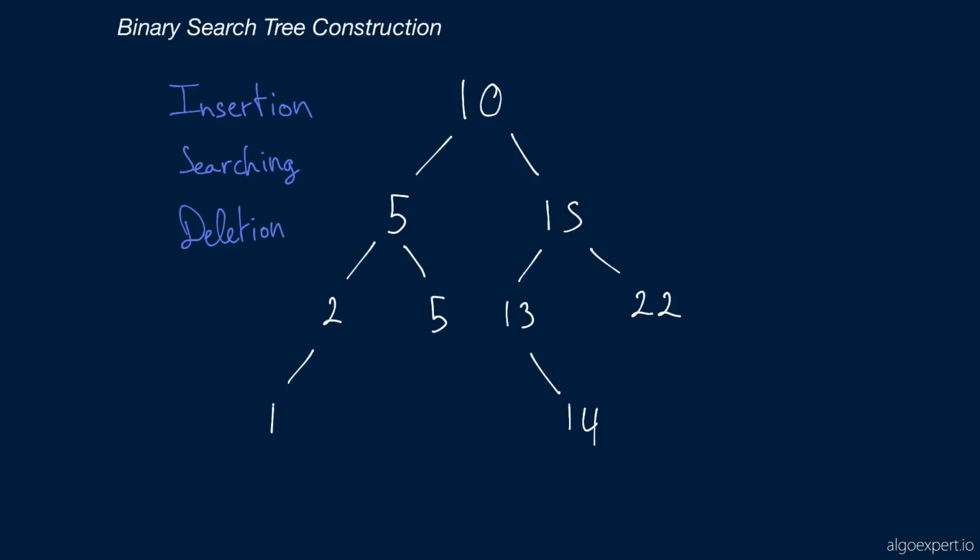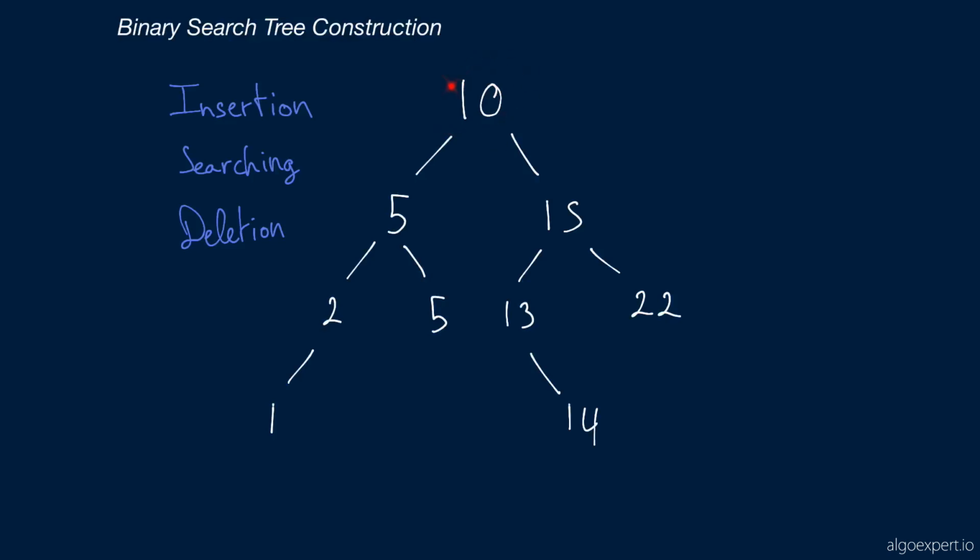It says that a node's value must be strictly greater than all of the values of the nodes to its left. And the value of a node must be less than or equal to all of the values of the nodes to its right. So let me repeat that, and I can show you in this example that we have right here in front of us.